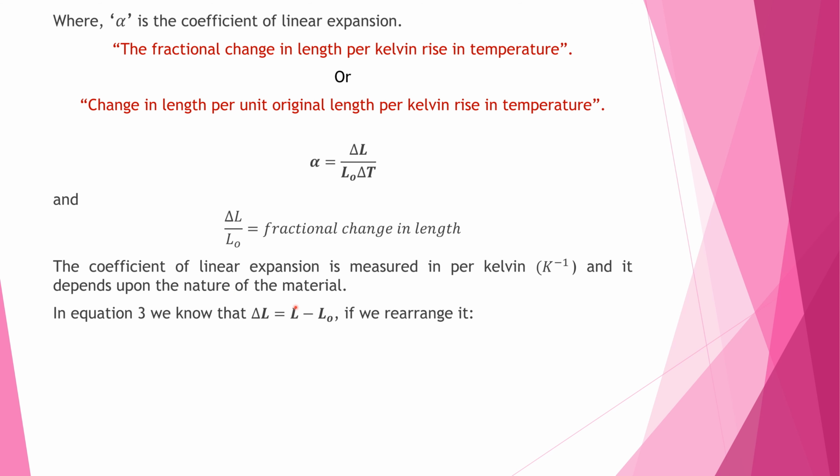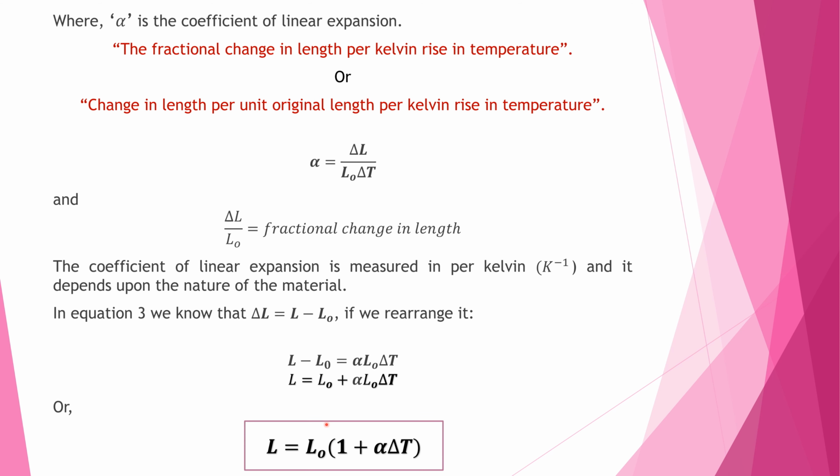In equation 3, we know that delta L, the change in length, is equal to L minus L naught, that is, final length minus initial length. So if we rewrite equation number 3, L minus L naught is equal to alpha L naught delta T, or L is equal to L naught plus alpha L naught delta T. We can take L naught common in this equation.